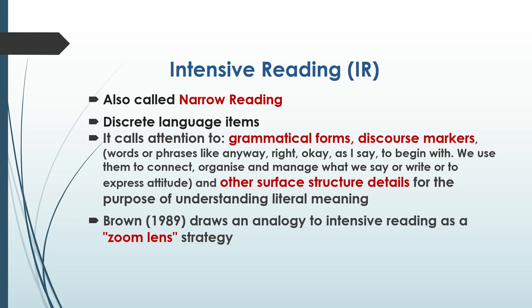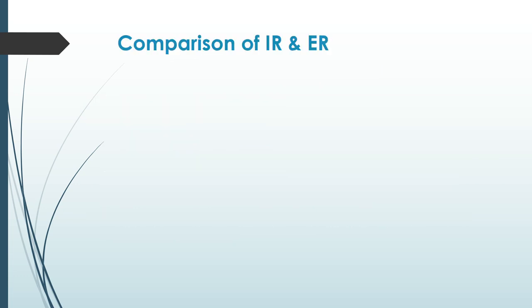This is exactly what happens in intensive reading. The rest of the things get blurred, but the one topic under study comes in front of us in a magnified form, in a macro form, in a large form. So this is called intensive reading, and according to Brown, it is the zoom lens strategy.